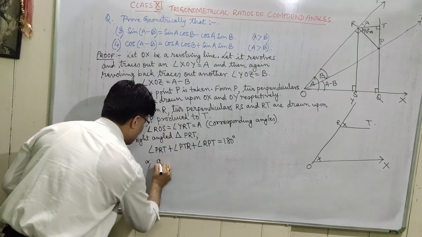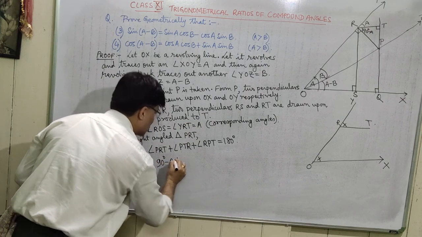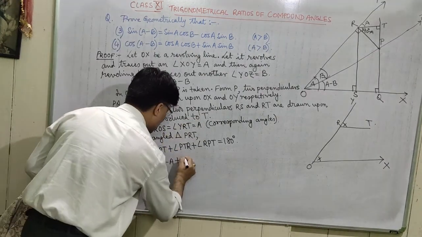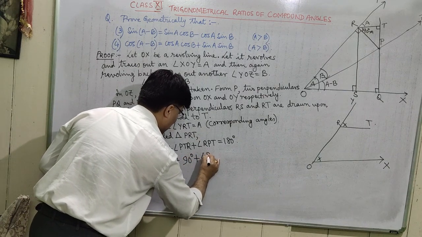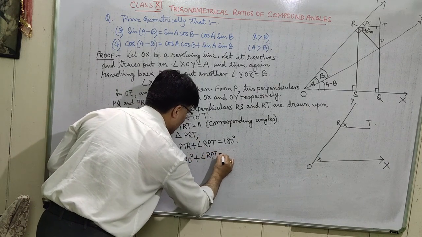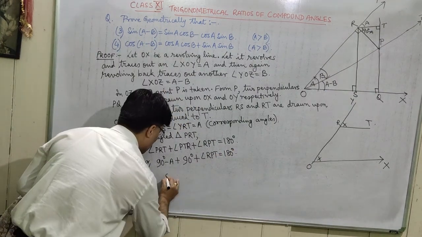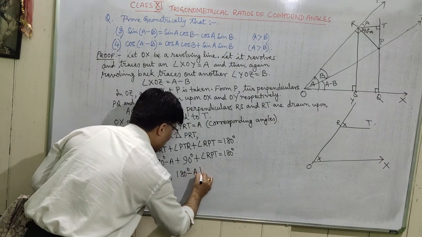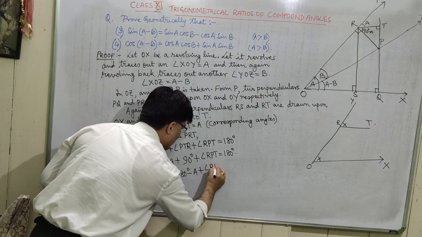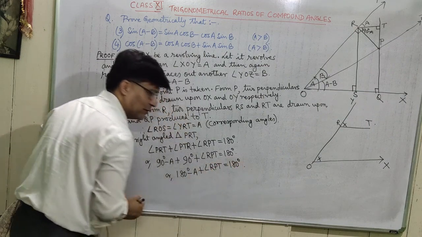It is 90 degree minus A. Plus, what is angle PTR? It is 90 degree, plus angle RPT, which is equal to 180 degree. So 90 plus 90 is 180, minus A, plus angle RPT is equal to 180 degree.